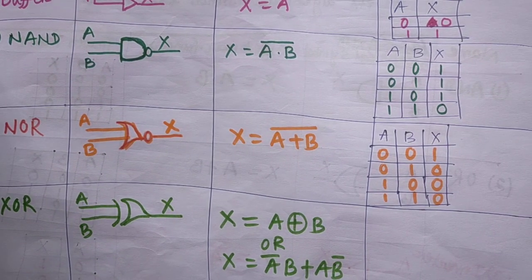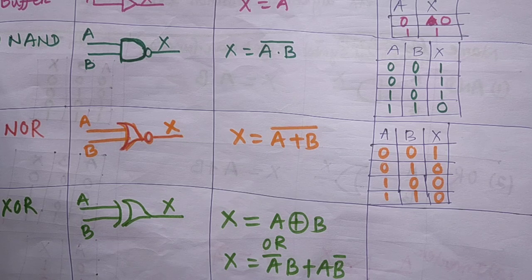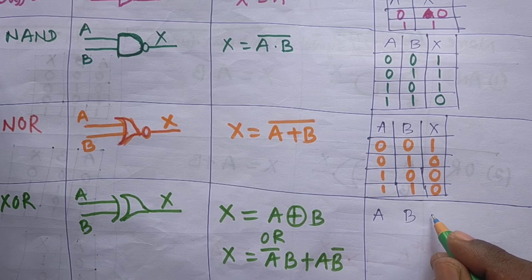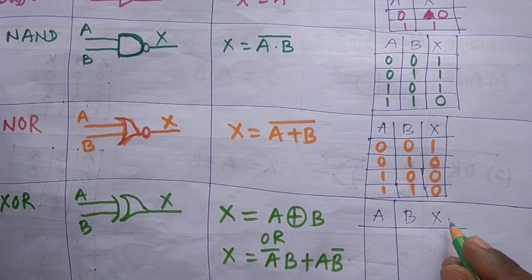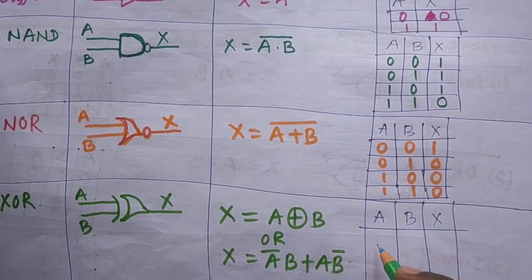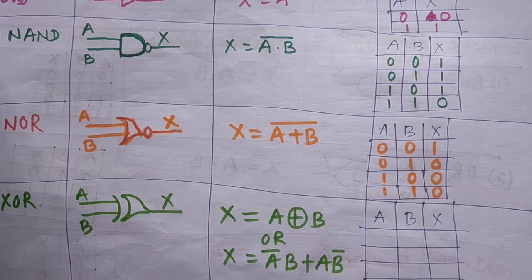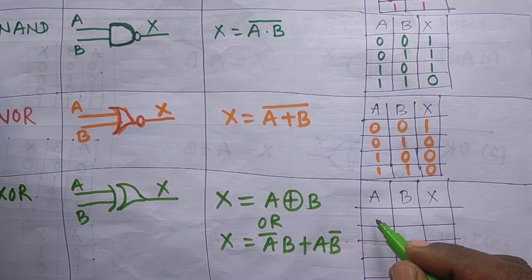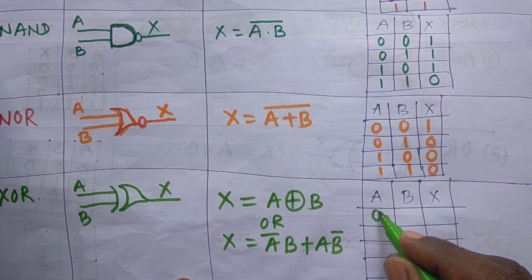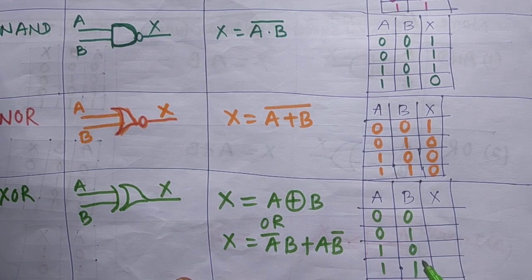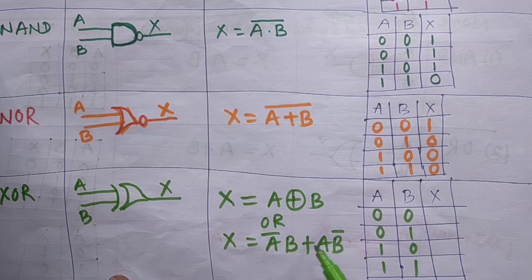Based on that, we also evaluate the truth table values for A, B and X, in a very simple way. Take the same cases: 0 0, 0 1, 1 0, 1 1.